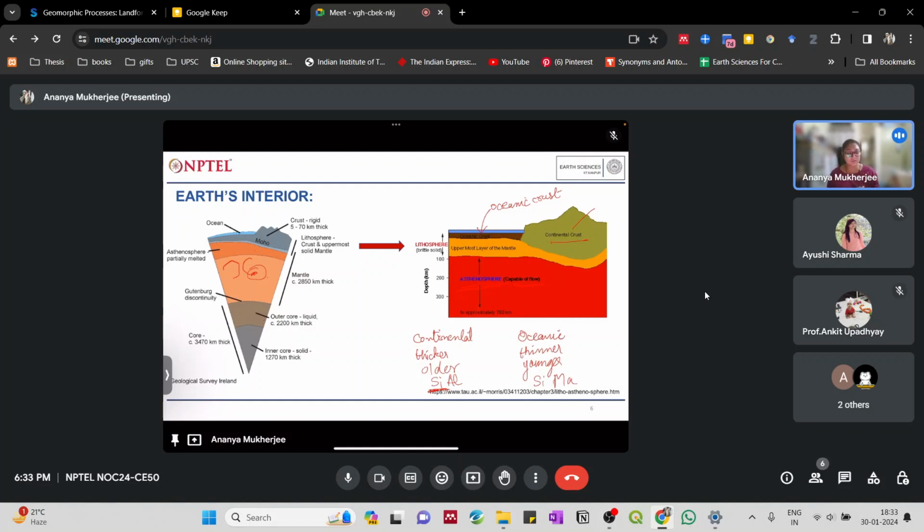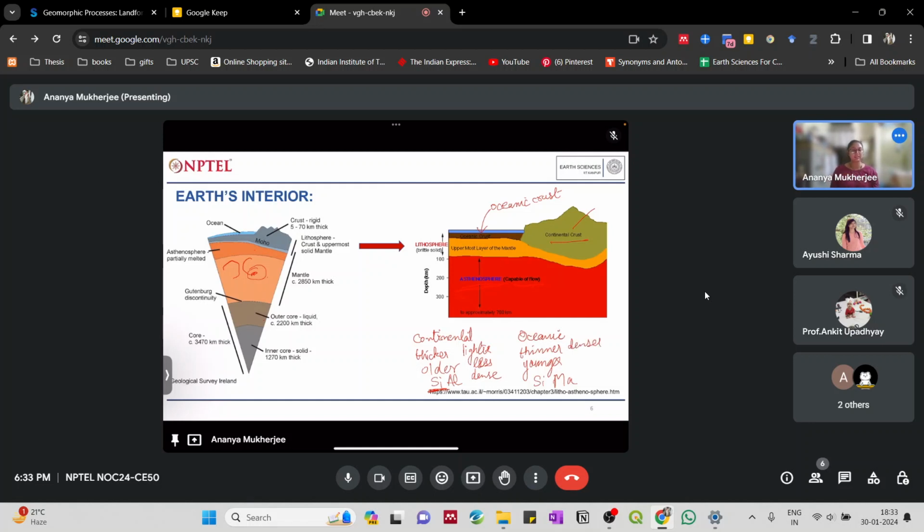Because of this inherent composition, your continental crust is lighter, less dense compared to oceanic crust. Oceanic crust is denser in nature.